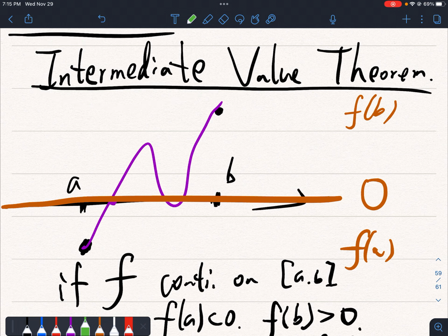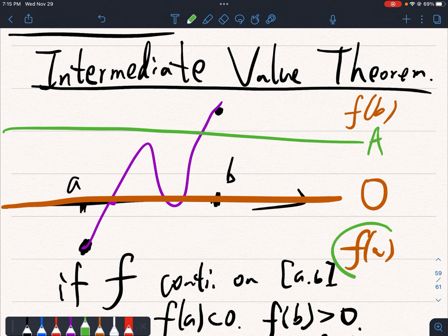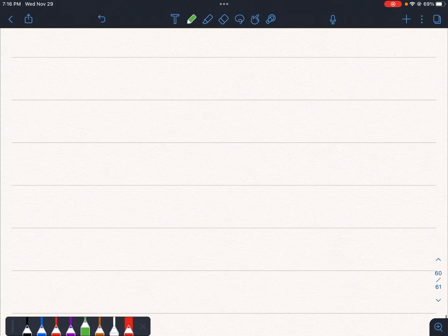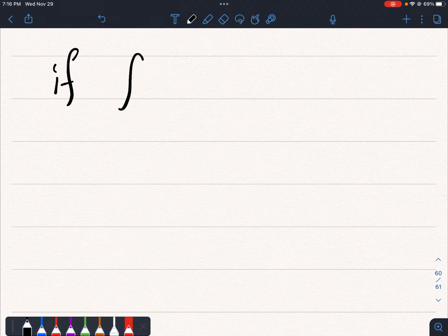So if we can find any other intermediate value between f of A and f of B, let's call this value a, then if we want to go from f of A to f of B, we must pass this intermediate value.